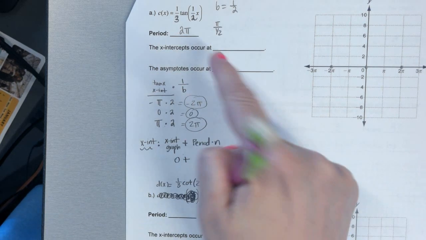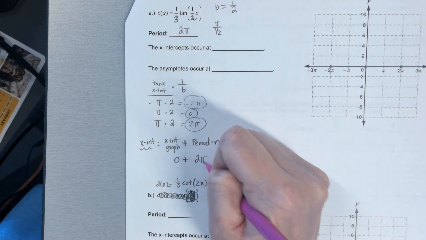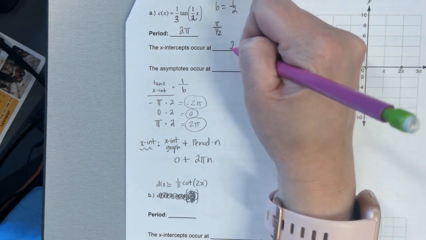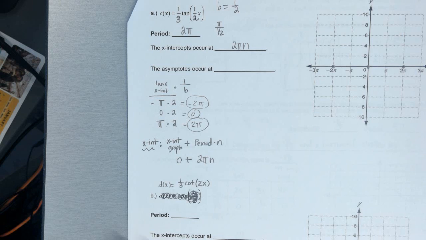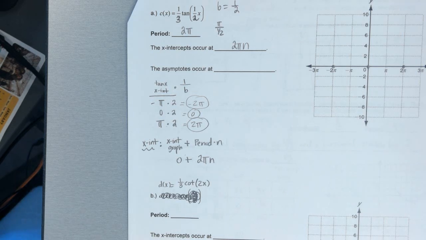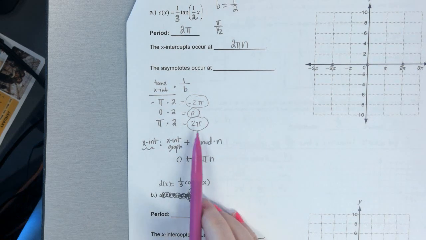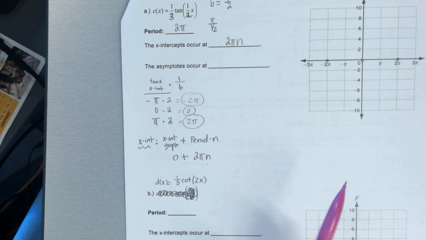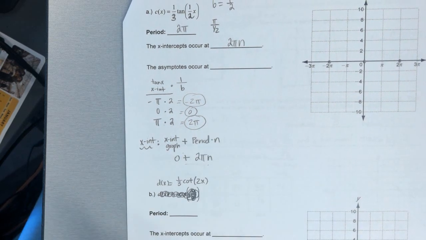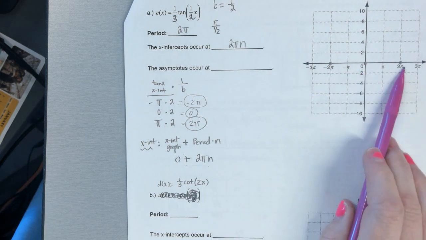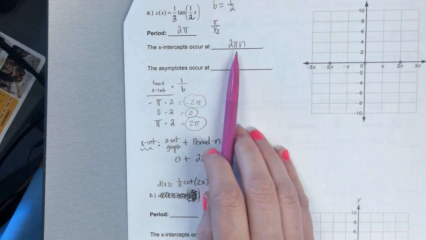If I do 0 plus the period times n, 0 plus 2 pi n is just 2 pi n. Now you could use any x-intercept. So if you put 2 pi plus 2 pi n, that's correct. If you put negative 2 pi plus 2 pi n, that's correct. Any of your x-intercepts that are on the graph, you can put in your equation.